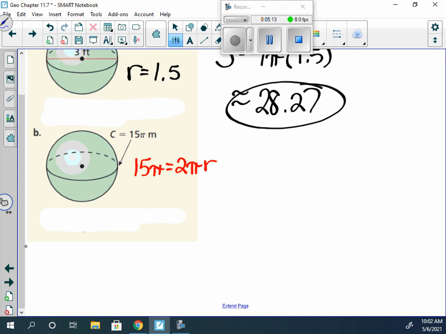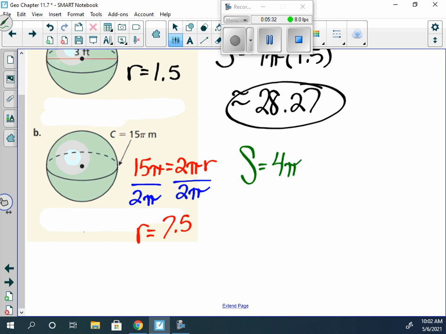So the first thing we can do is divide both sides by 2 pi, which tells us the radius is 7.5, which means now we can use our surface area, 4 pi r squared, and we'd have 4 times pi times 7.5 squared.